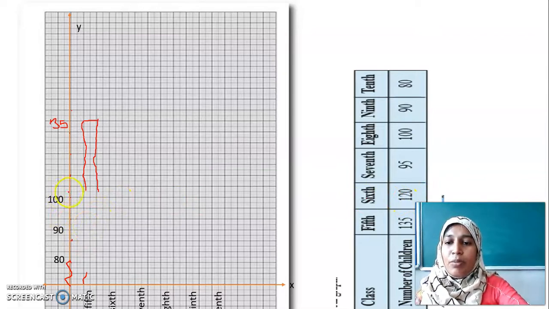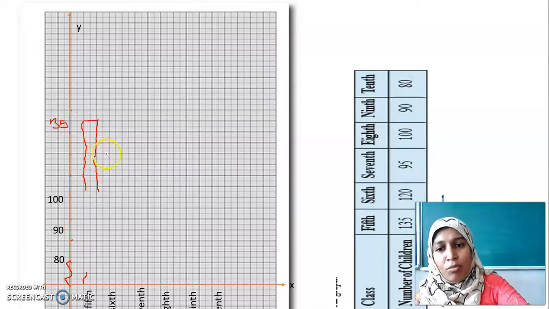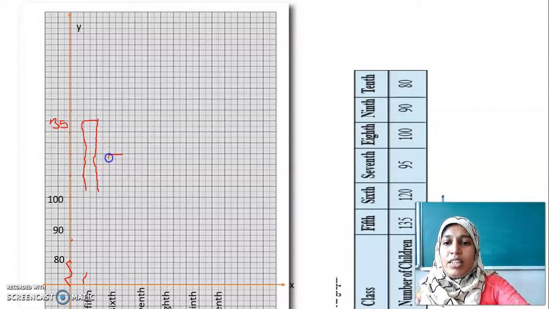Where will be 120? After 100, 110, 120. Now you should not draw next to the first bar immediately. You should leave one more bar here. Then you have to draw this horizontal line to represent the class 6 bar. This is class 6 bar.